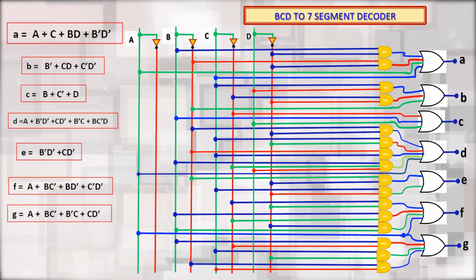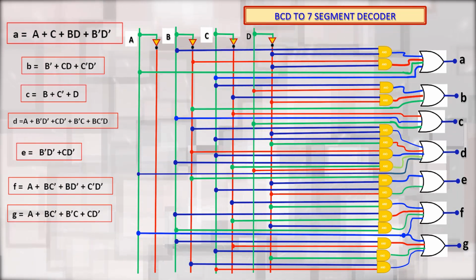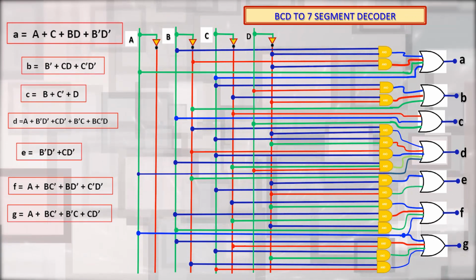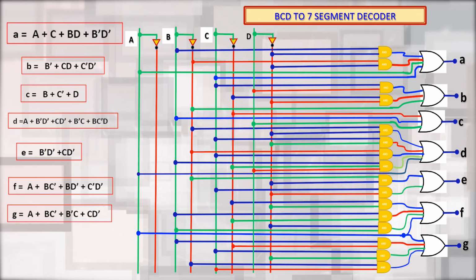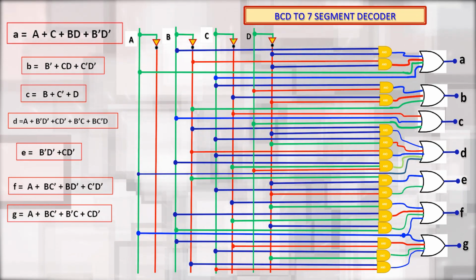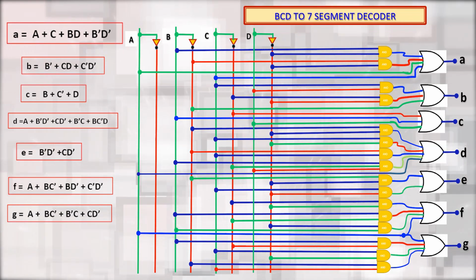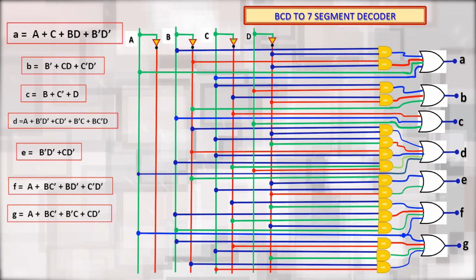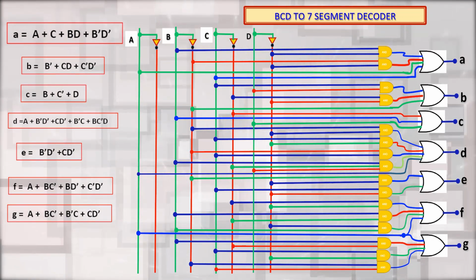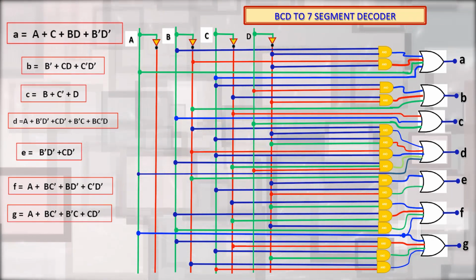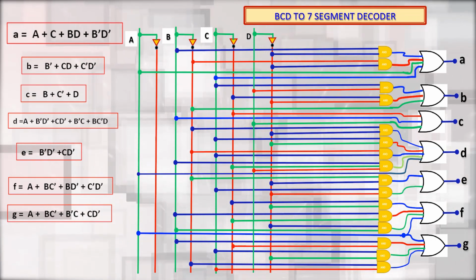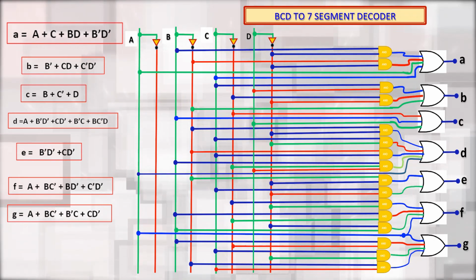We will connect A directly to the OR gate, C directly to the OR gate, then B and D will first be connected to an AND gate, and the output of the AND gate is connected to the OR gate. Then we will connect B bar and D bar to an AND gate, and the output of the AND gate is connected to the OR gate.